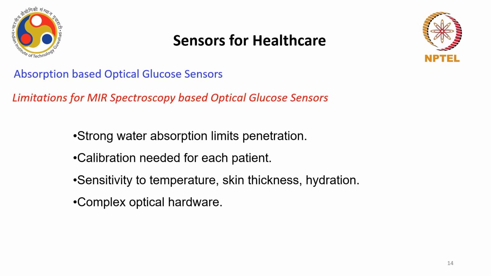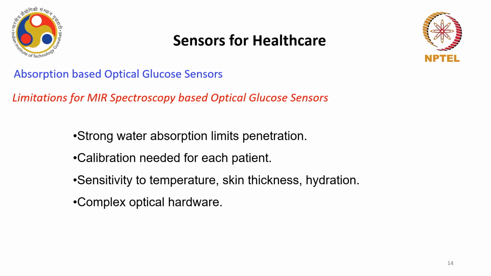We have seen the same thing for the NDIR sensor, where we have a strong background spectra of water molecules. Calibration is needed for a specific patient, and this calibration is mostly done using an invasive technique. You have to first calibrate your MIR spectroscopy device using an electrochemical sensor, which, as I have mentioned, is the gold standard. So ultimately, even if you are using a non-invasive or minimally invasive device, for calibration you require an invasive technique.